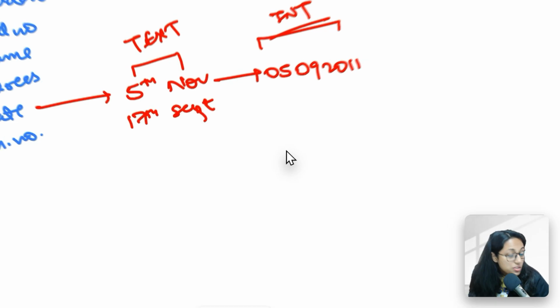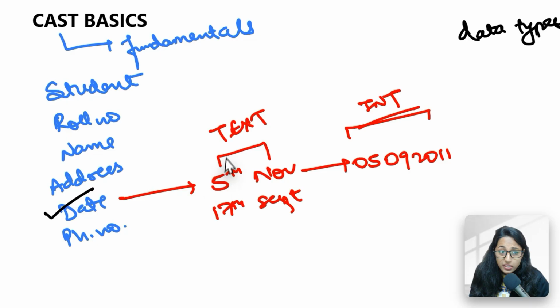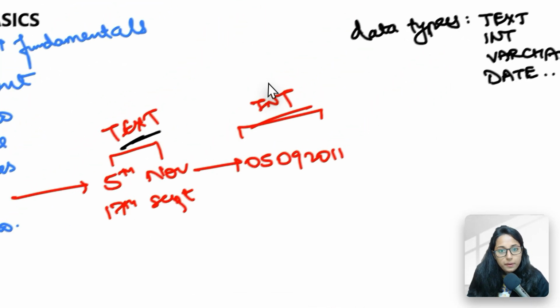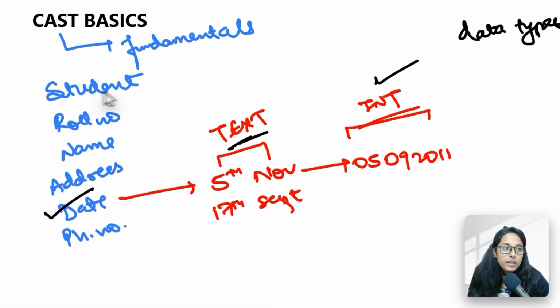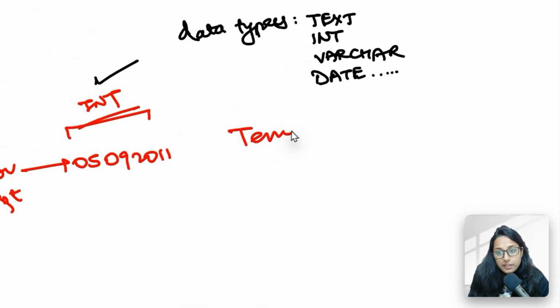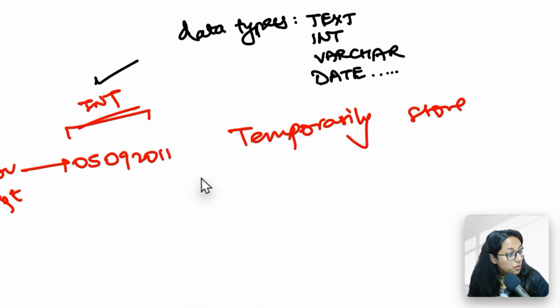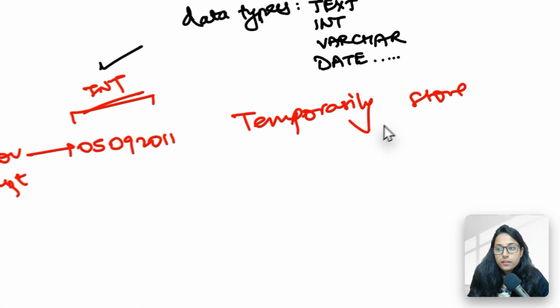Sometimes data is stored incorrectly. So if you see in this case, the date was stored in text format, but the requirement was in int format. In such cases, we can use the cast methods here. Cast allows you to temporarily convert a value from one type to another during query execution.